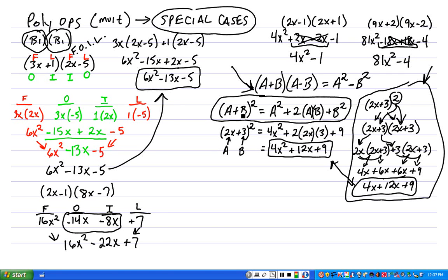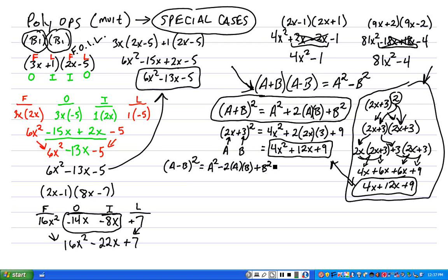Okay, so just like we have the square of a sum of a binomial, you also have one for the square of a difference of a binomial, and that one's going to be whatever the first term is squared, minus 2 times the first term times the last term, plus whatever the last term is squared.